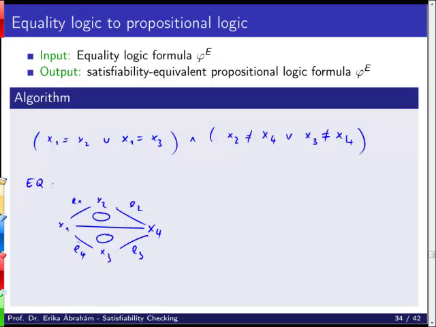Okay, now I only have to encode it. I have two components: first the Boolean structure, and then the transitivity constraints. So for the Boolean structure, what would be the Boolean structure of this formula?